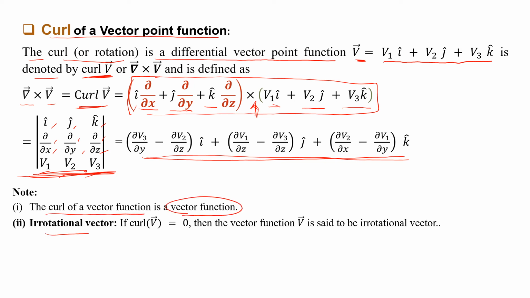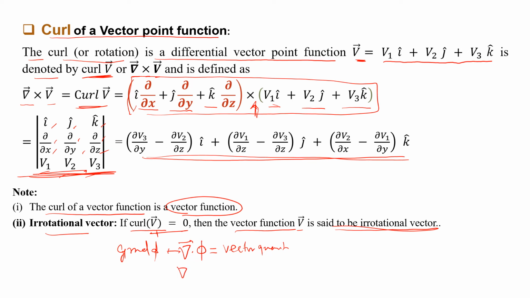And the second point: if the curl of the vector function is 0, then that vector v is said to be an irrotational vector. Here you have to note that when we operate that vector differential operator on a scalar quantity, we get a vector quantity, and this is the gradient of phi.